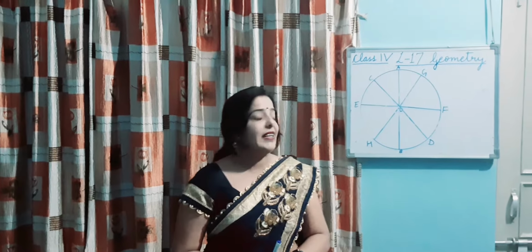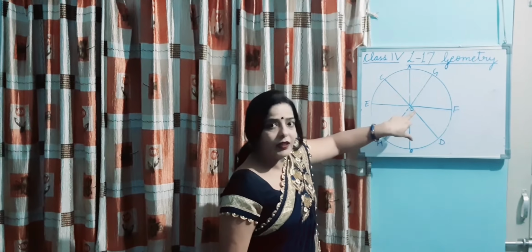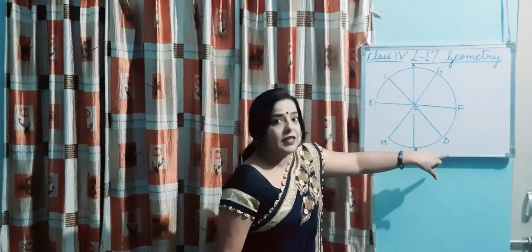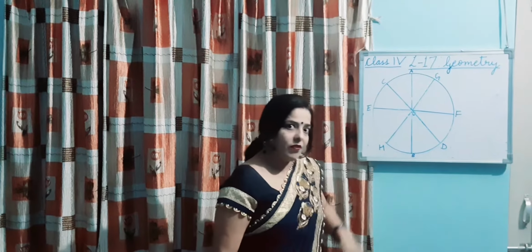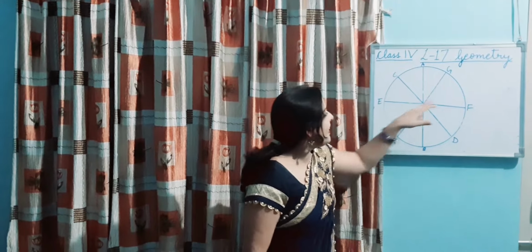All these chords are passing through the center. Like chord AB is passing through center O. Chord CD is also passing through center O. Chord GH is passing through center O. Chord EF is also passing through center O.